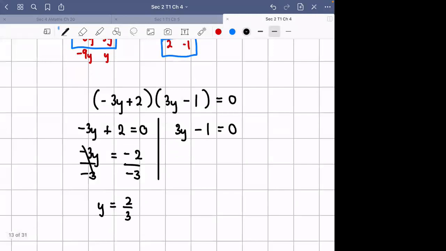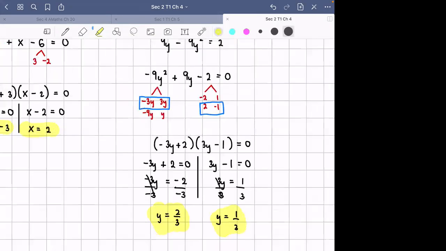For the other one, 3y equals 1, then dividing both sides by 3, y here is 1/3. So this is your answer for letter B.